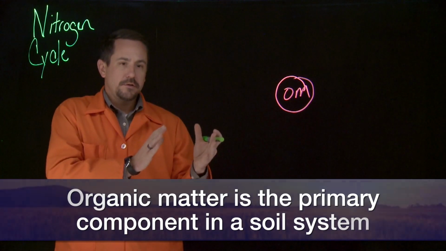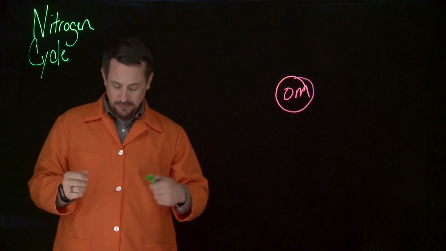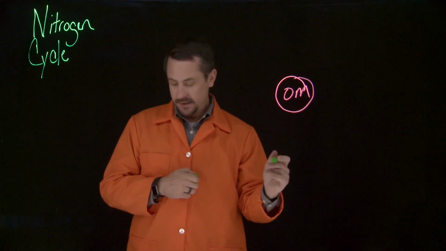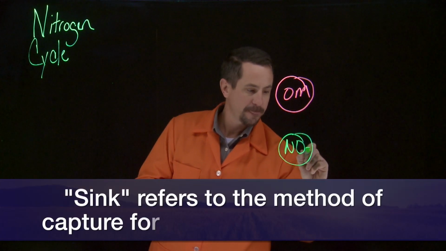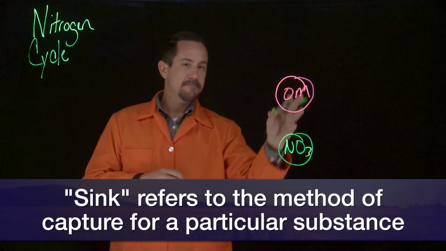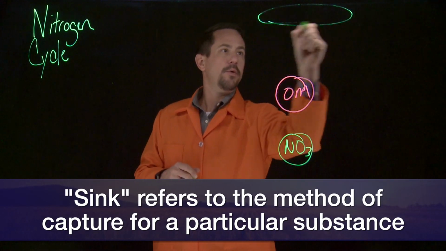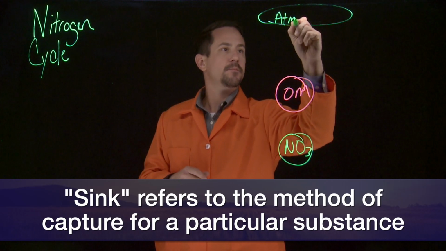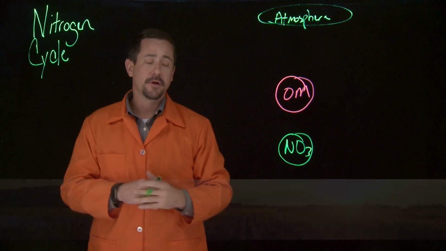So in the nitrogen cycle, we have the one central component, and we have three primary nitrogen sinks. One of the nitrogen sinks is the nitrate pool, NO3. This is the plant available pool, where we have a big reserve of nitrogen. Up top, we have the atmosphere. The atmosphere is a huge pool of nitrogen.